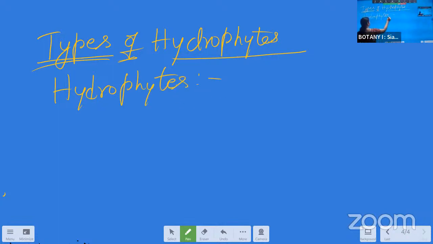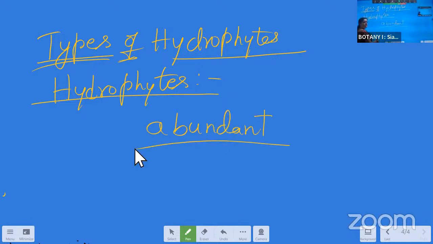The plants which are living in the abundant water medium or else in the waterlogged areas. This word, abundant water medium, should be there in the definition. The plants which are living in abundant water medium are called hydrophytes. So those are the hydrophytic plants.